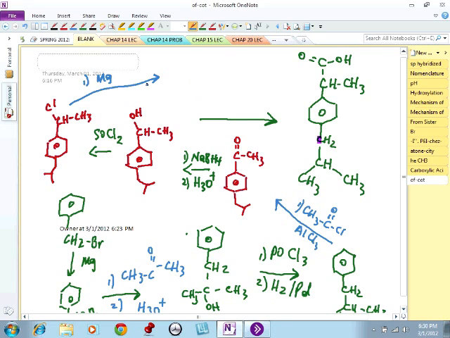Formaldehyde? Okay. You want to form the new carbon-carbon bond? Okay. Good. And then step 3, okay. And so that will give us this here.